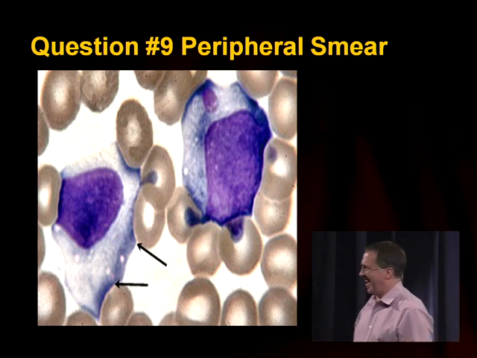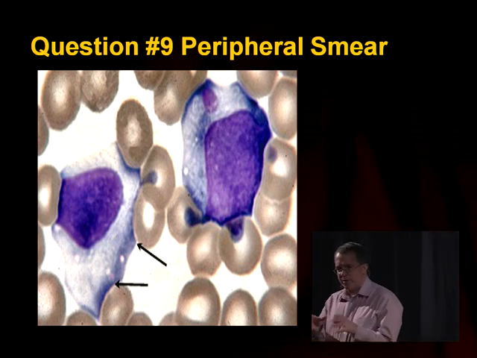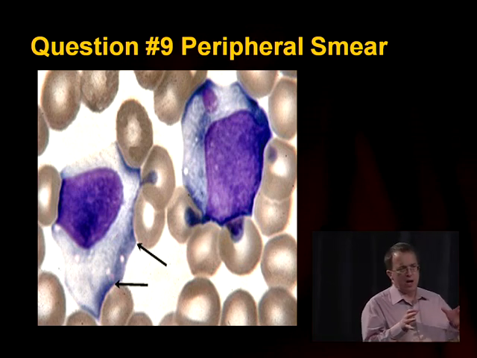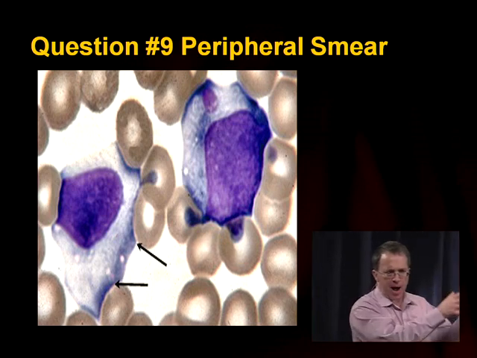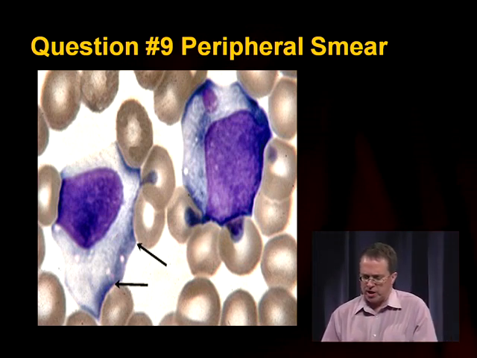Cytoplasm. I like it. One word, cytoplasm, right? Blasts, not often, think back to the oncology part. What you have to see to know leukemia is big cells, big nuclei, almost no cytoplasm, and lots of monotony.